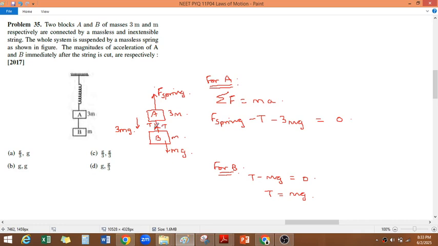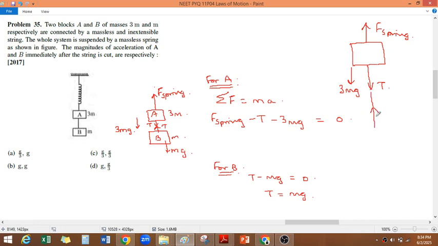Maybe my drawing is not good here. I have to redraw this a little more accurately. So your spring is acting this way. The weight in the bottom, it is actually pulling it downwards. Do you agree? Yes, sir. So that means the weight of this block is this one, 3mg, and then the tension is actually pulling it downwards.